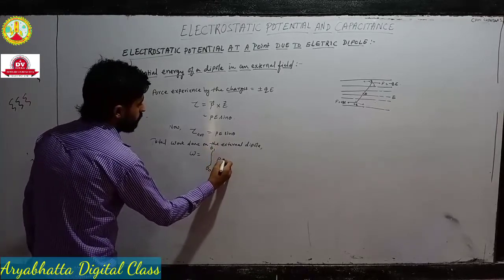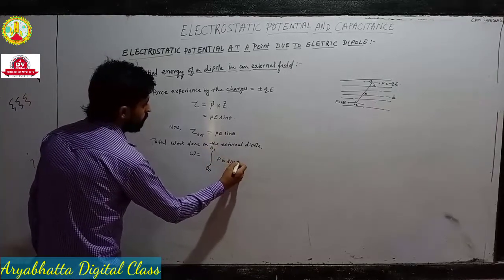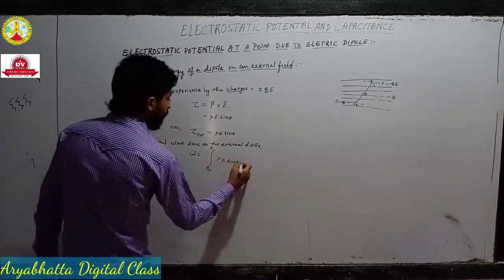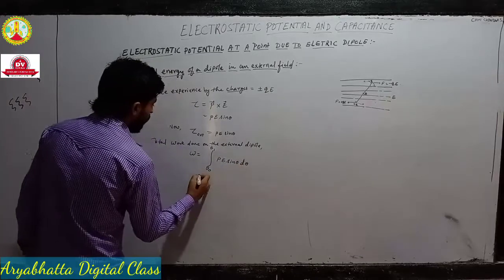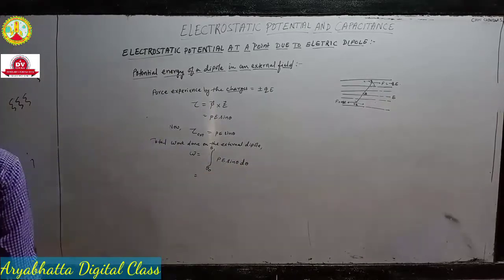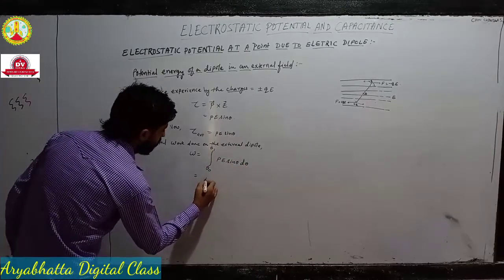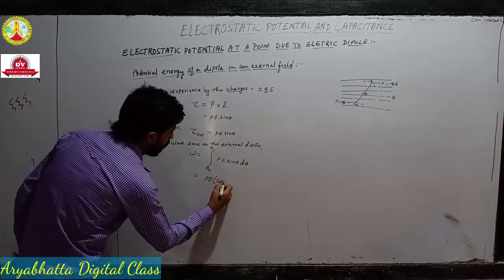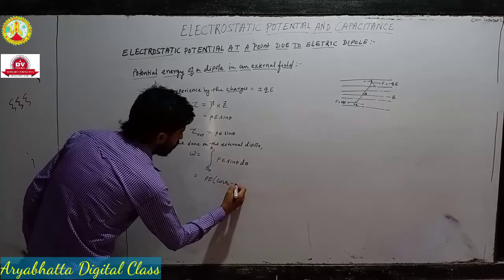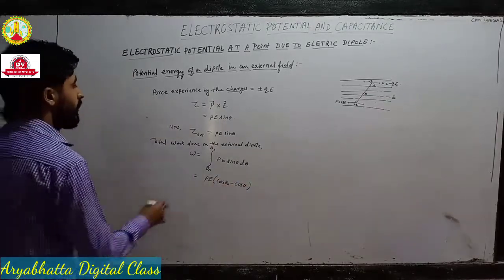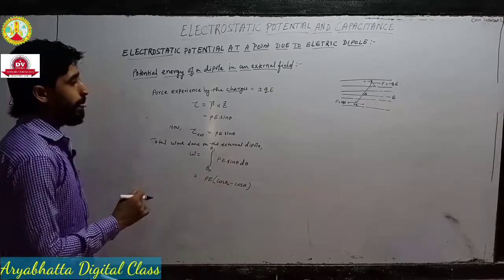Is it clear, everyone? This will be in terms of theta only. So after integration, we get PE times cos of theta naught minus cos of theta.